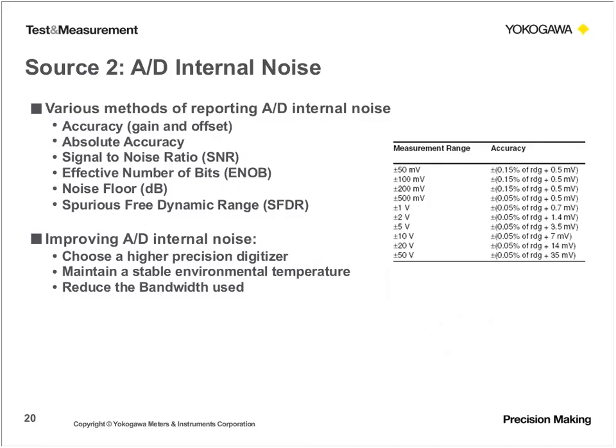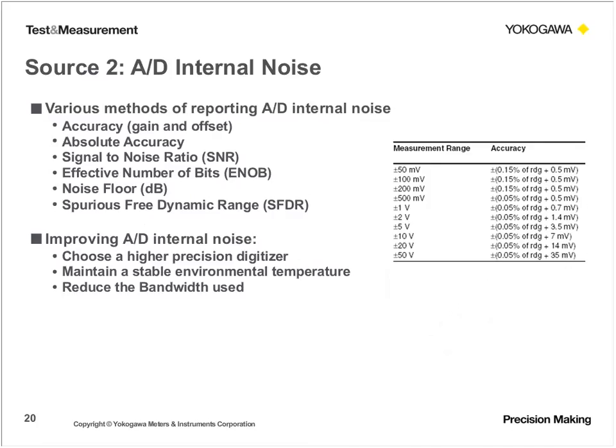And so some of the specs that you want to be aware of when you're talking about A to D internal noise, you'll want to look at the accuracy. And in this example, I'm showing you a typical way of reporting that, which is a percentage of reading plus some offset error. So this is your most basic accuracy specs.